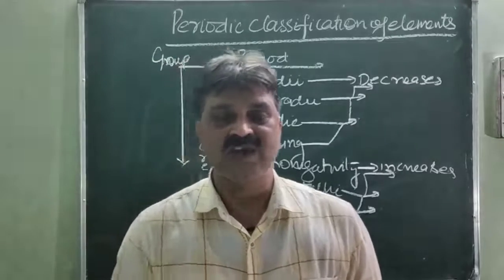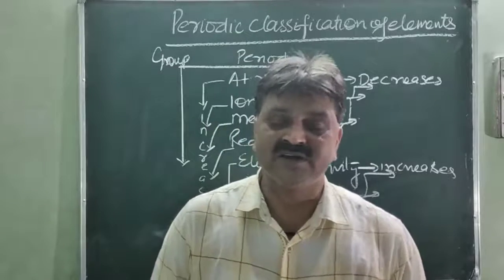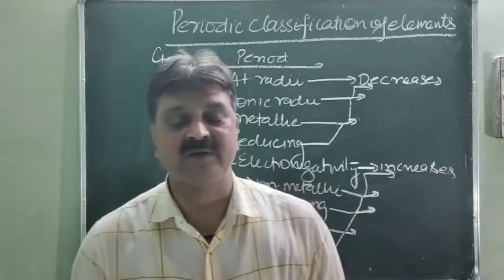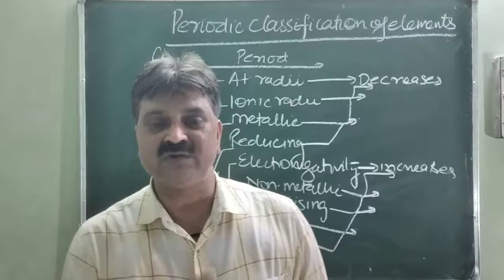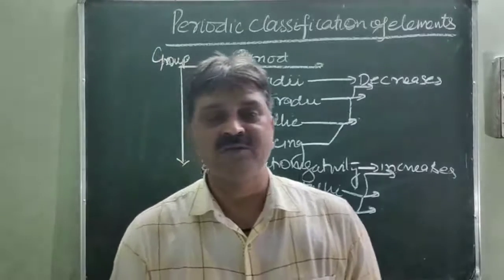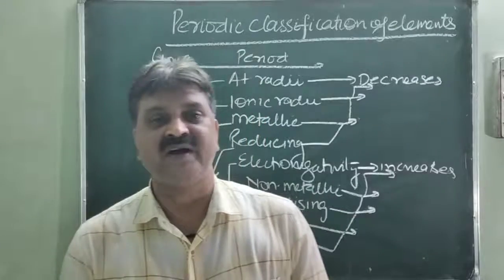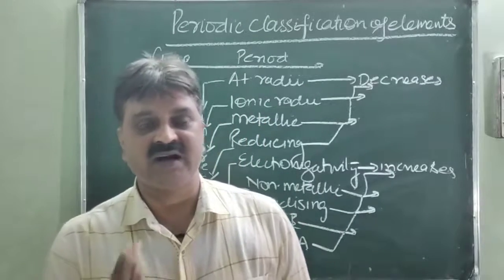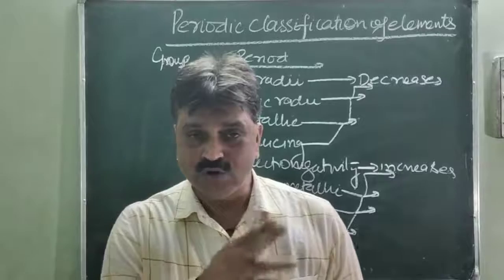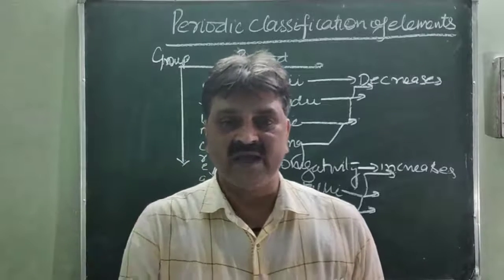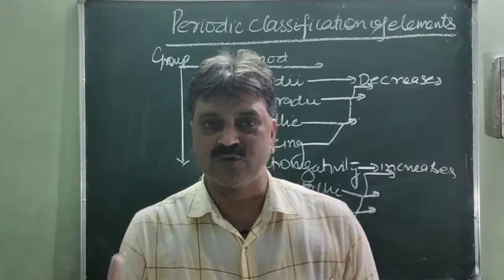That means the elements are arranged in increasing order of atomic number, and after a regular interval, elements with the same property are placed into the same group. So these elements are classified into groups and periods. There are 7 horizontal lines called periods and 18 vertical lines called groups.